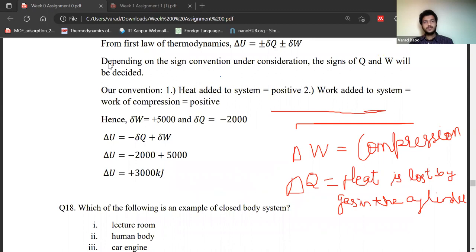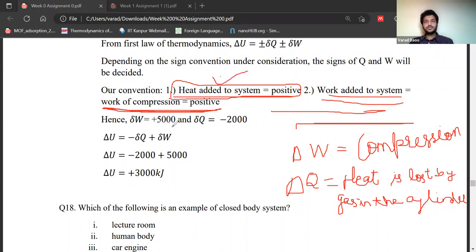What is going to be our convention is, heat added to the system is what we are going to take as positive, and work added to the system, which is nothing but work of compression, is what we are going to take positive. So as per our convention, W of compression is positive. That means delta W we are going to take as plus 5000, right?